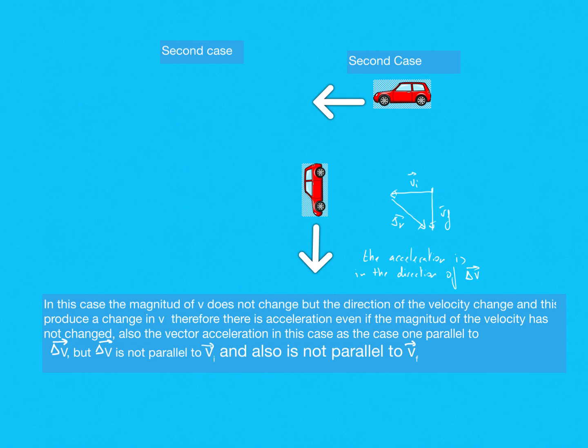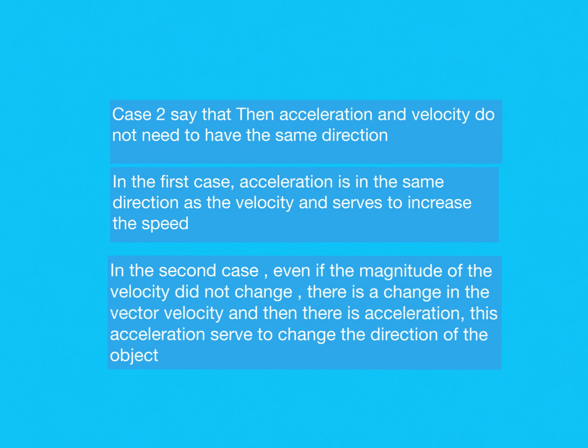So you have to pay attention that now in 2 dimensions things can change. In 1 dimension the acceleration is parallel to the velocity or anti-parallel to the initial velocity, maybe, but always it is parallel or anti-parallel. Here the acceleration is not parallel to the initial velocity, not parallel to the final velocity. So it is something different.